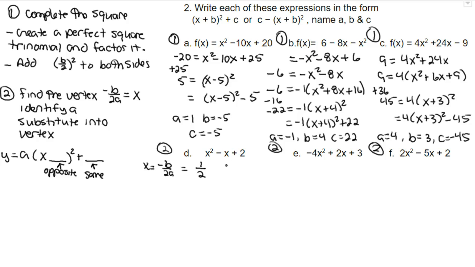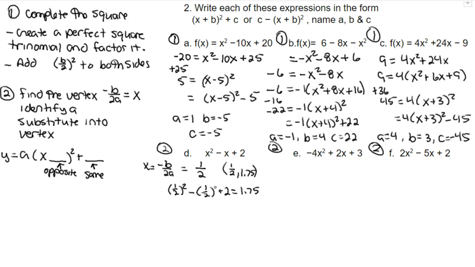And so now all I've got to do is substitute in the 1/2 wherever it says x, and I'll find the y part of the vertex. And if you're going to enter this in your calculator, make sure that you put parentheses around all the variables. But when you do this, you'll find out that the y value is going to be 1.75.